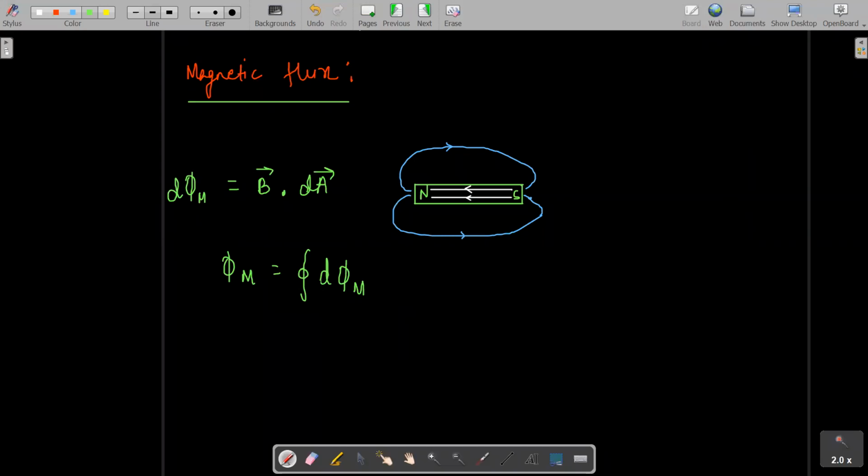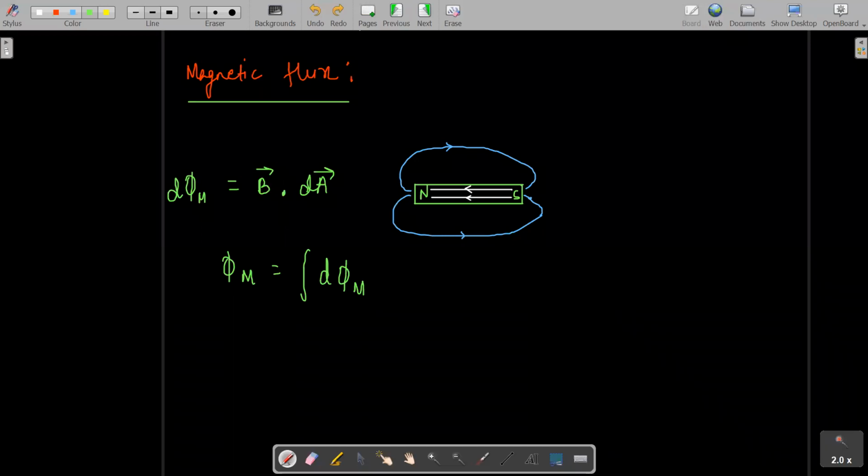The integration of d phi m will be phi m. Sorry, phi m means magnetic flux, total magnetic flux, and d phi m means small magnetic flux. So by integrating small magnetic fluxes over a small area, we will get the complete magnetic flux.